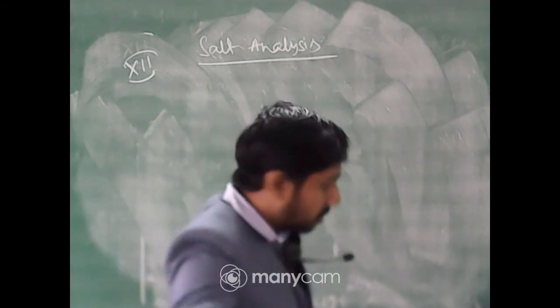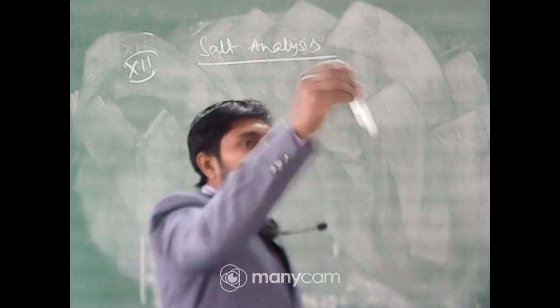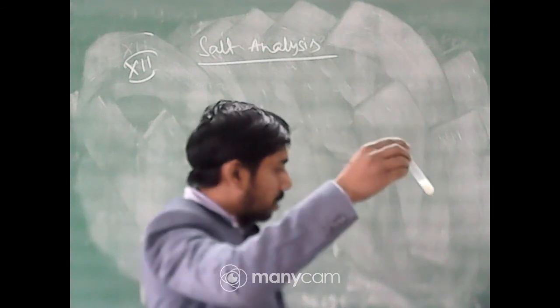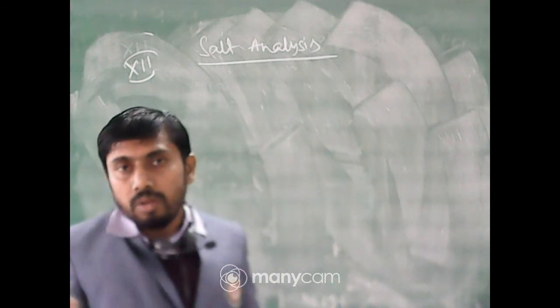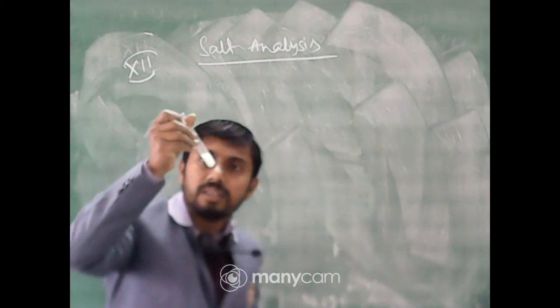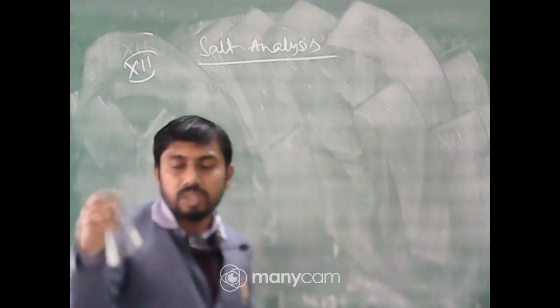A white precipitate comes, but with a light yellowish tint, though you cannot detect the color clearly. It is a white precipitate, so the presence of a halide is confirmed. Which halide it is is to be decided by the color, some greenish yellow color. Okay, this is the characteristic of bromide.